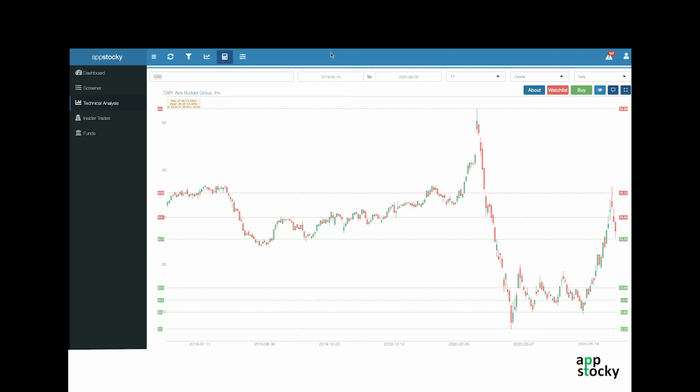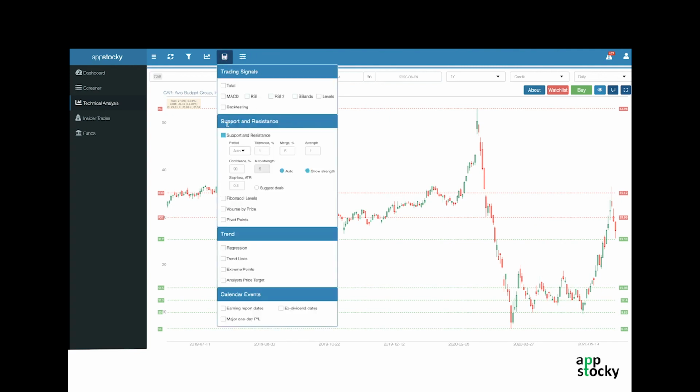The final part for the levels is to show you how you can adjust levels depending on your needs. You remember that the settings of the level are here in the support and resistance. When you switch it on, you see it over here, and then you have some parameters.